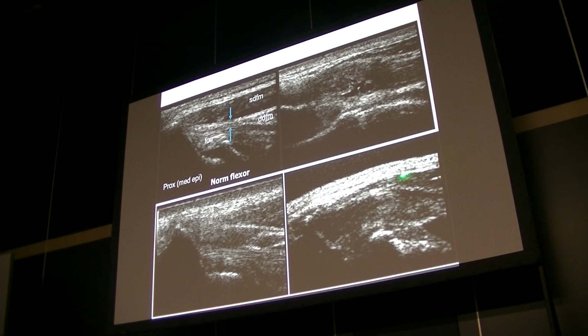Here again the outward bowing of the flexor carpi ulnaris, where we see the difference in hetero- and hypoechogenicity. We miss the attachment and there is an irregular amount of fluid.